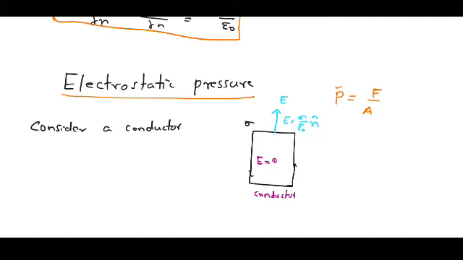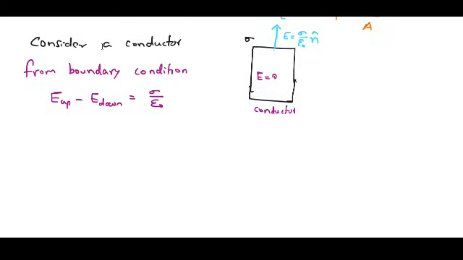Now, from the boundary condition, we know that E up minus E down is equal to sigma divided by epsilon 0. Here E up, the upper side, is represented by E surface, minus E down, which means E inside, equal to sigma divided by epsilon 0 n cap.